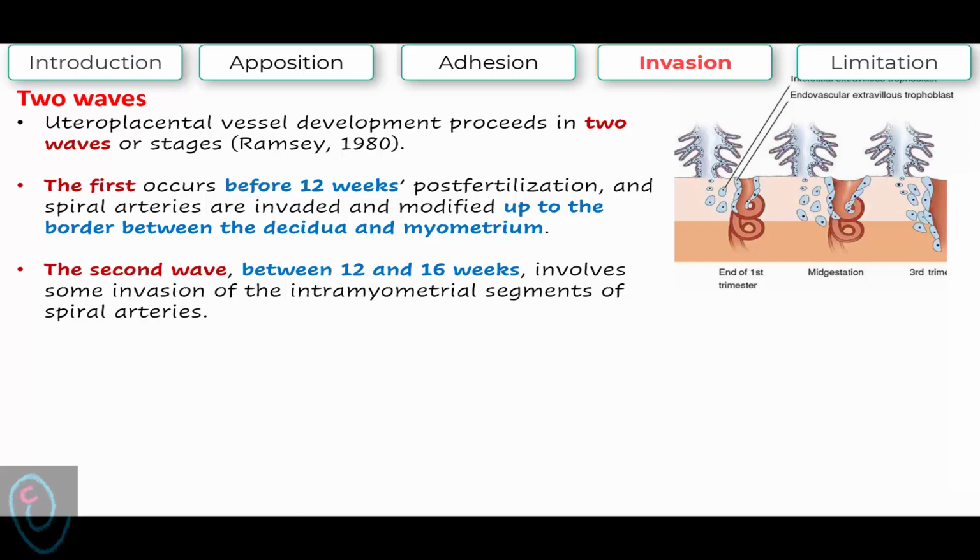The first wave occurs before 12 weeks post-fertilization, and the spiral arteries are invaded and modified up to the level between the decidua and the myometrium. The second wave occurs between 12 and 16 weeks, and it involves some invasion into the intramyometrial segment of the spiral arteries.